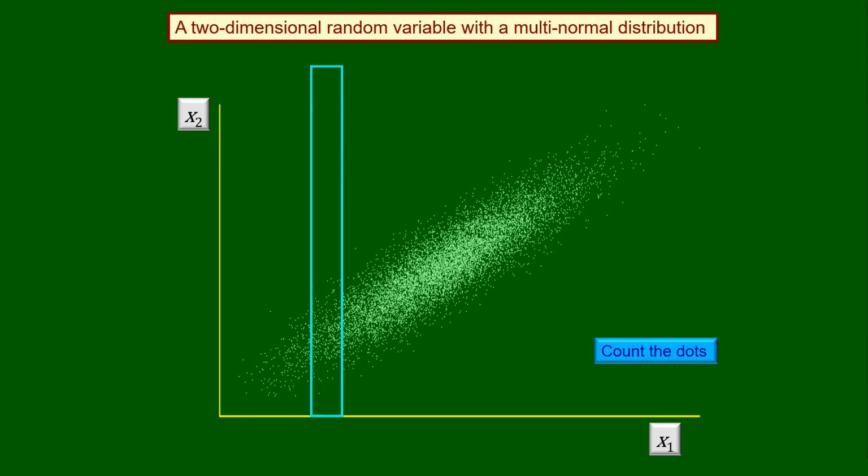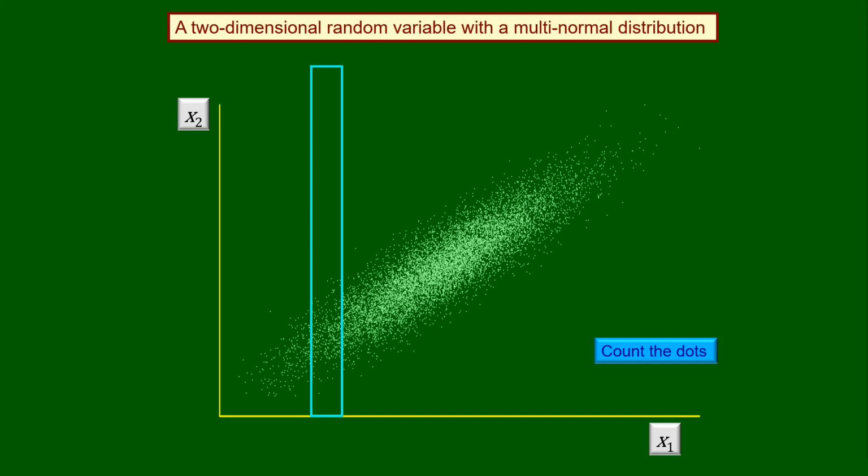When I say marginal, once again, I don't care what x2 does. I'm just going to generate my paired random numbers, but only focus on x1 when I'm trying to come up with a probability density function for a single random variable x1, and I don't care what the paired value for x2 is.